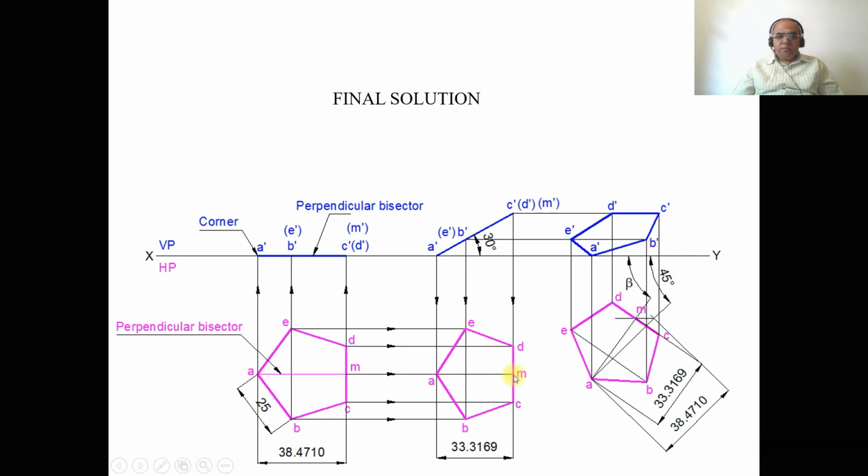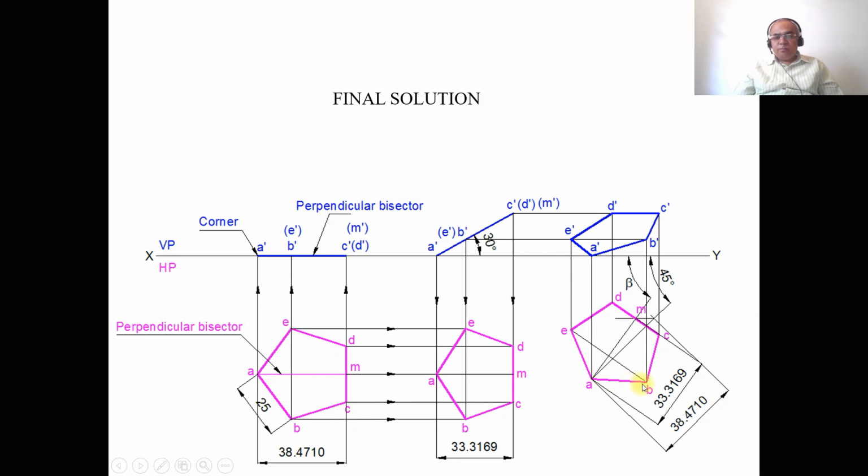Then taking the position of the M point in the second position top view, measure the distance from M to C and M to D. Both will have the same distances by using the compass. With M as center in the third position top view, cut an arc below that M to get point C, and also towards the left side to get point D.